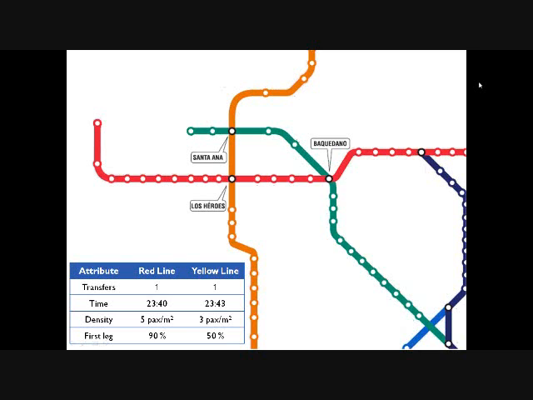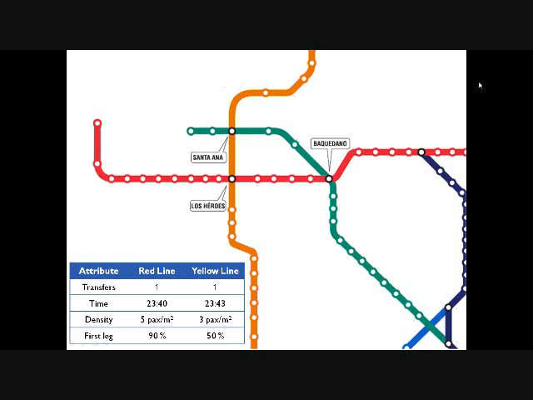This means that maybe there's a chance that we won't be able to board. Maybe the train will arrive at the station really crowded and we won't be able to board the first one. Maybe we have to wait 2, maybe 3 trains. But if we take the yellow line, on average, the trains arrive at the station at half capacity, so there shouldn't be any problem taking the trains in that line.